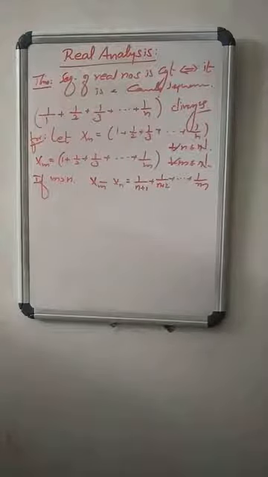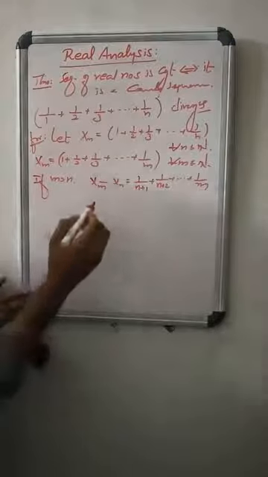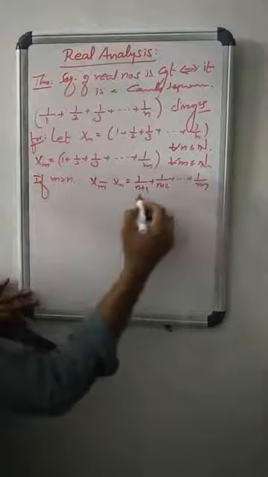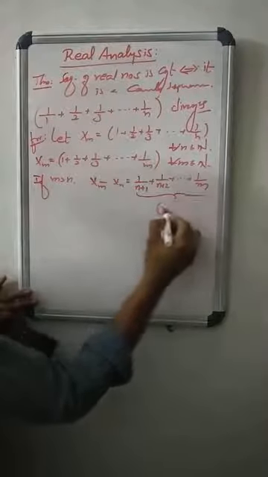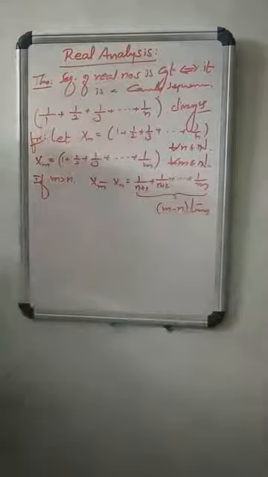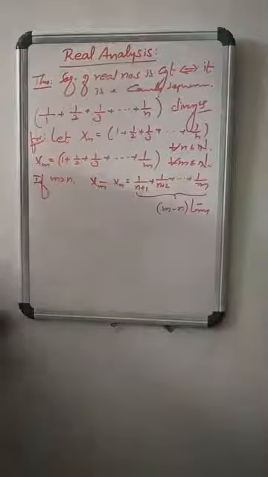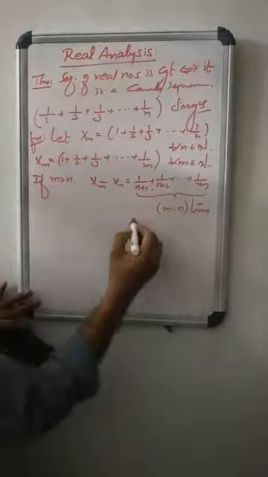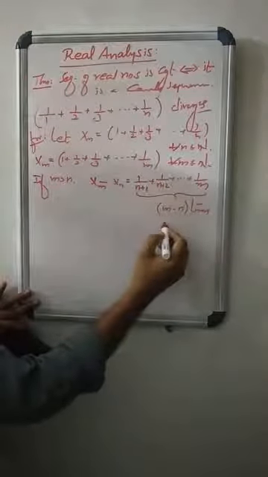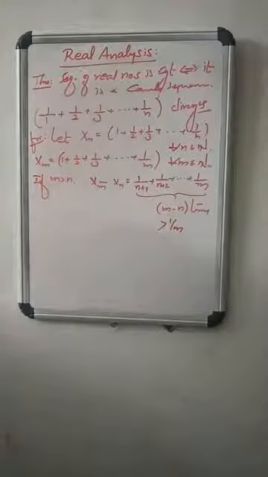How many terms are there? There are m minus n terms. Sure? Each of these m minus n terms always exceeds or equals 1 by m. Agreed? Okay.